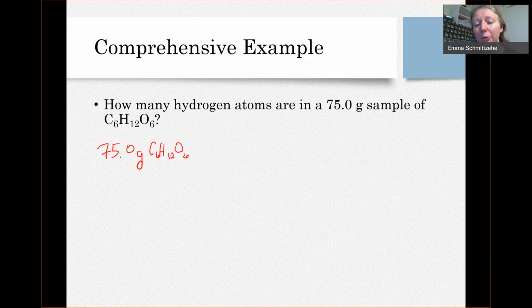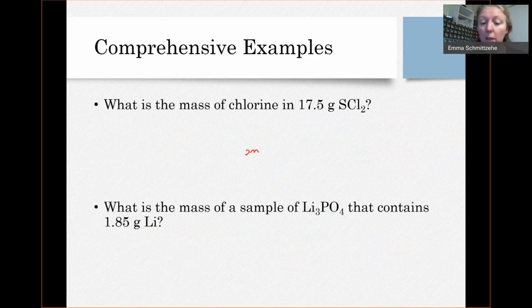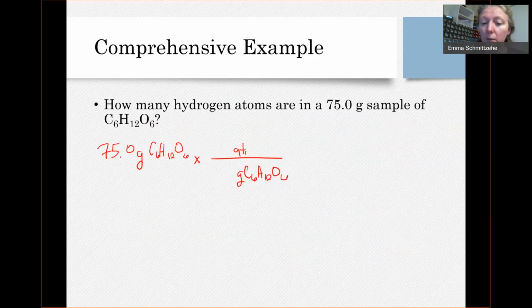And I want to know how many hydrogen atoms. So we'll start off our dimensional analysis and write grams of C6H12O6. And you might initially say, okay, well, I want atoms of hydrogen, right?